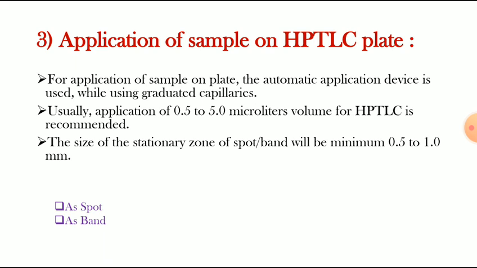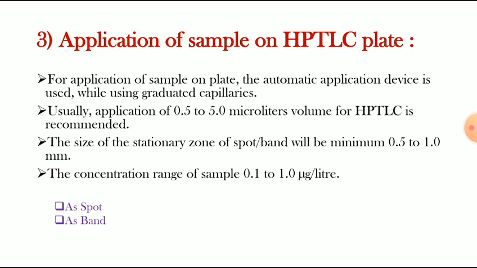That spot should be 0.5 to 1 mm only, either spot or band. Spot means circular and band will be rectangular in shape. See, that will be 0.5 to 1 mm in size of that zone.